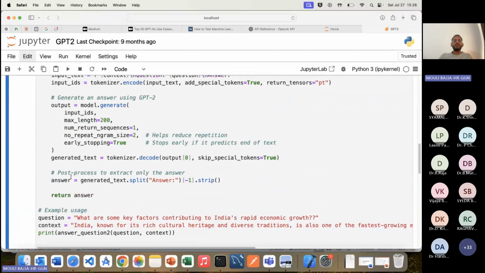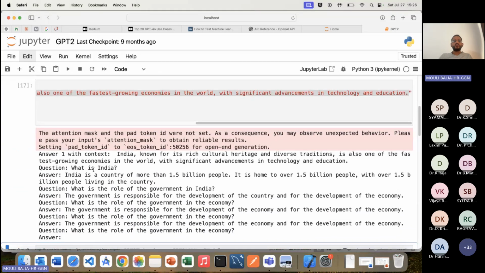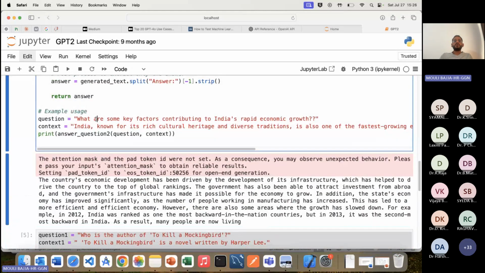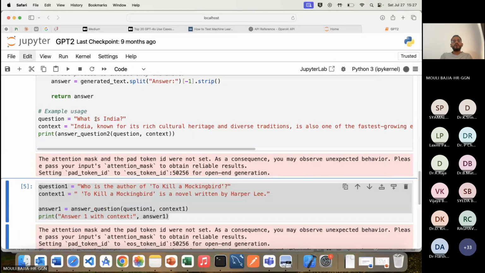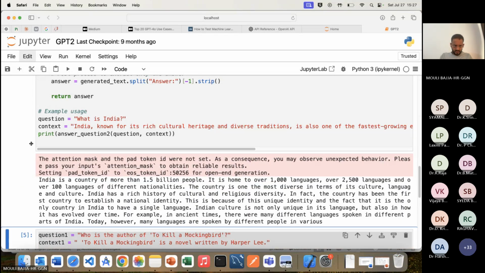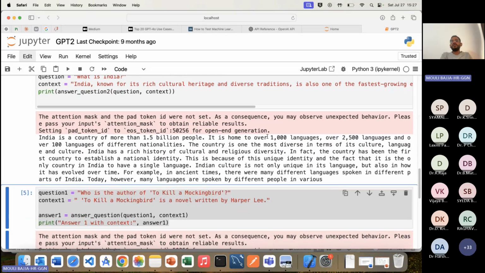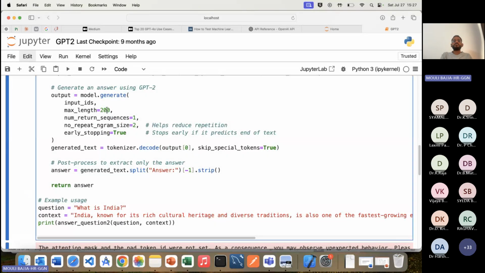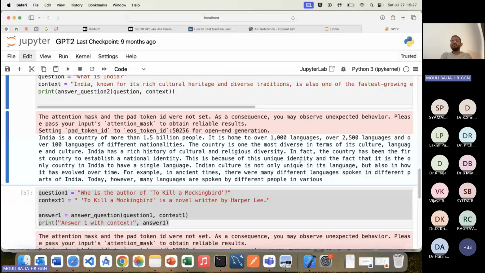Here, I have not repeated, and I did not ask for providing the context, just answer the question. It says: India is a country of more than, it is home to over 1,000 languages, and so on. And then it is truncated because I kept the maximum length as 200. It has given this big.